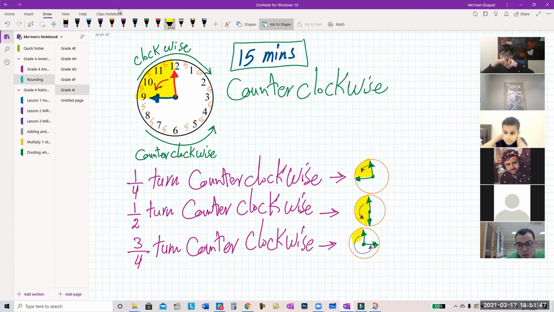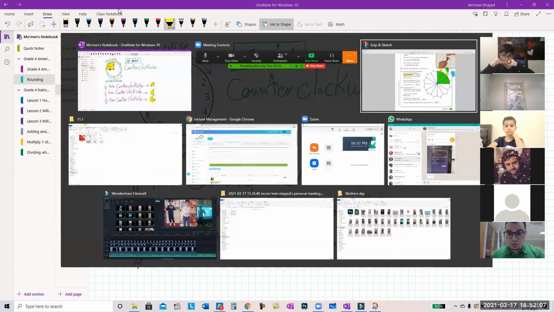So that's our fraction. Okay, so it's so easy, but you have to keep in your mind the fraction, what it looks like, and the direction, clockwise or counterclockwise. Okay, let's get back to our lesson now.